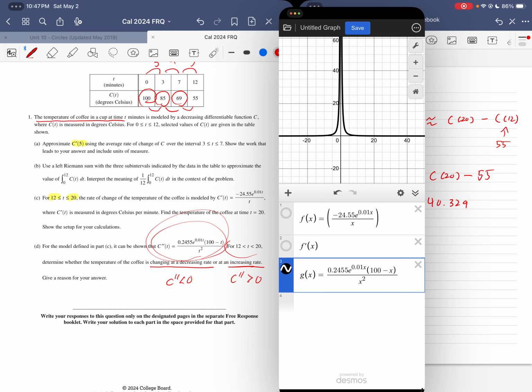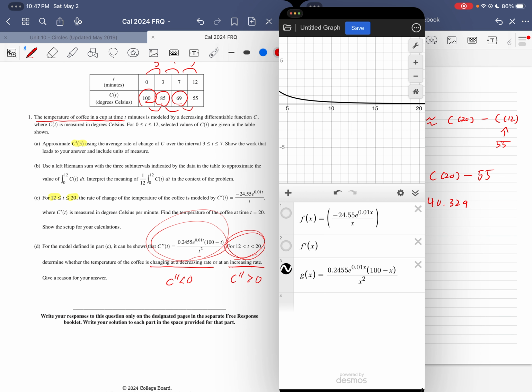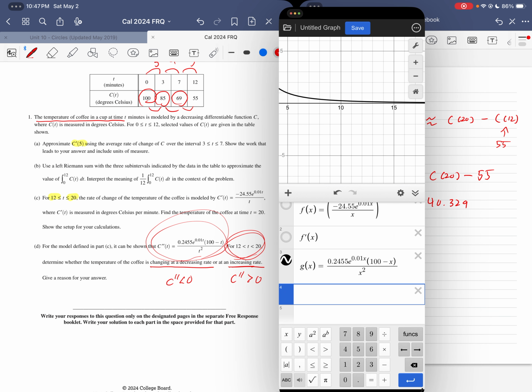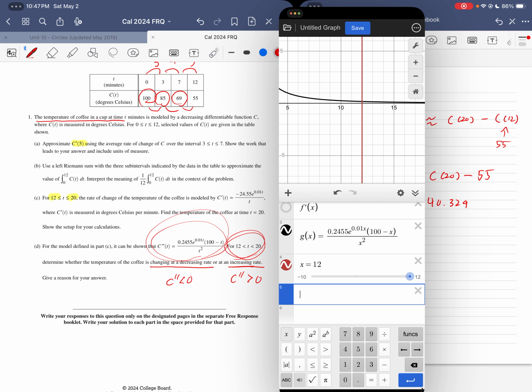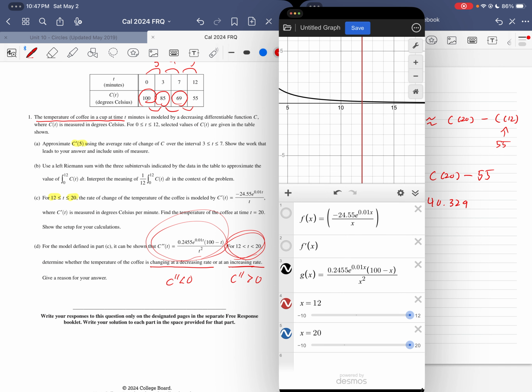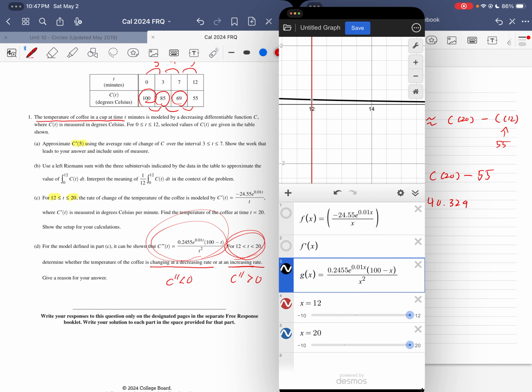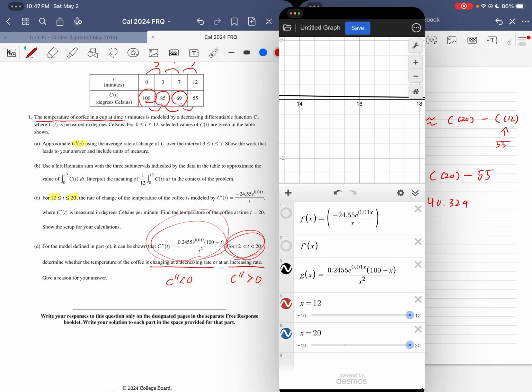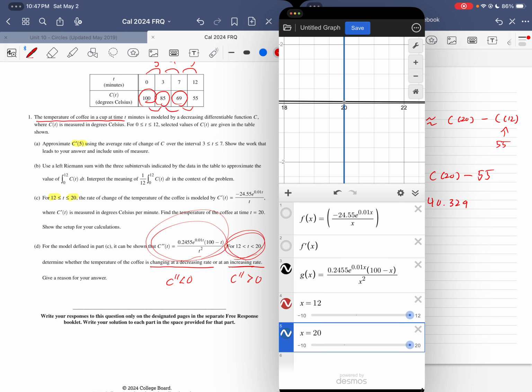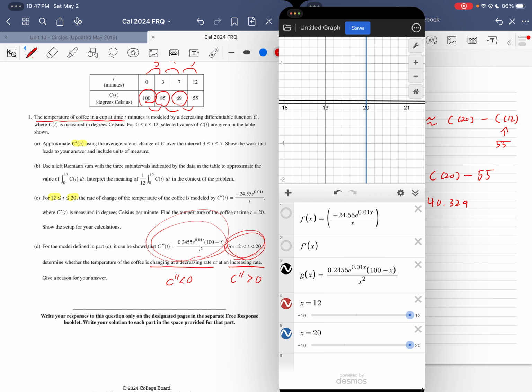So we want to say from 12 to 20. Is that positive or negative? So let's look at it. If you look at x equals 12, x equals 20, between the two, do you see this line is already above 0? Even over 20 here, it's already above 0, which means C double prime is already greater than 0.